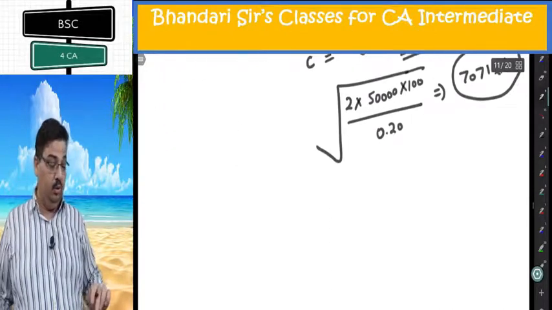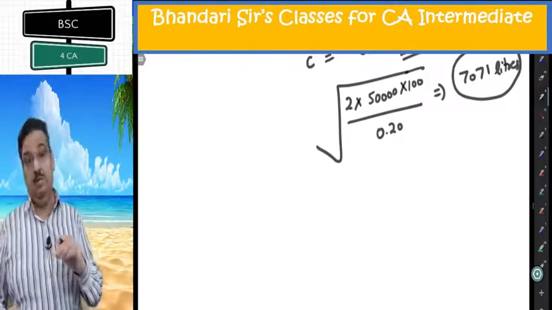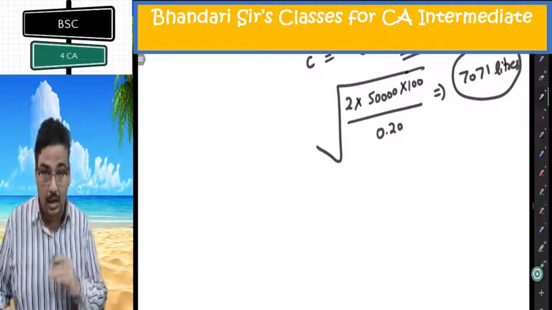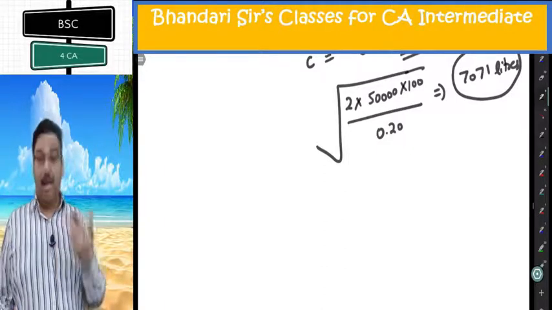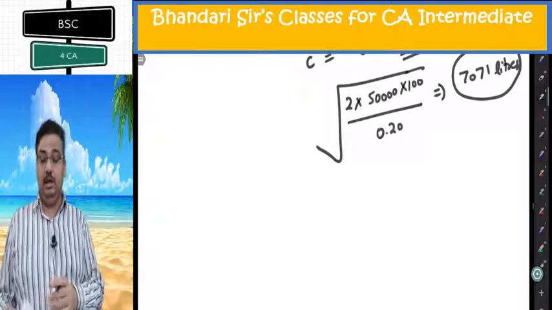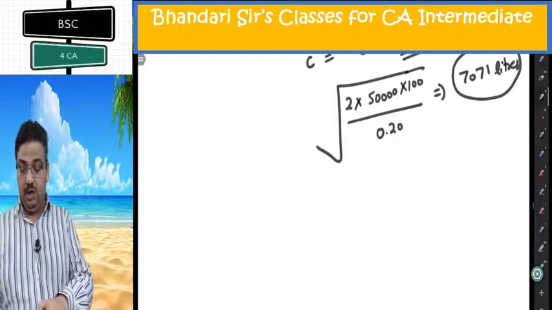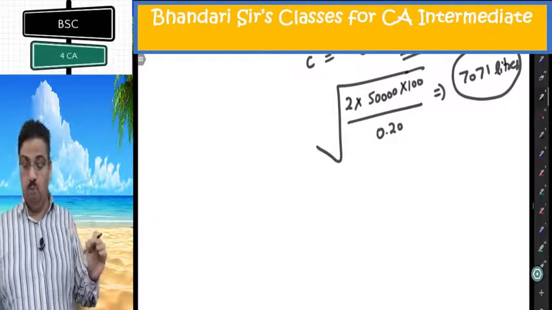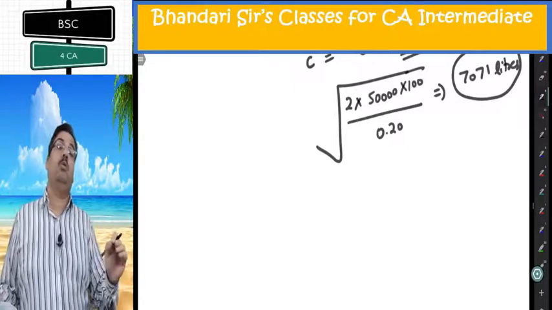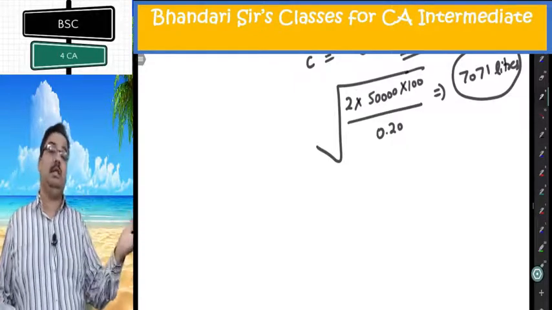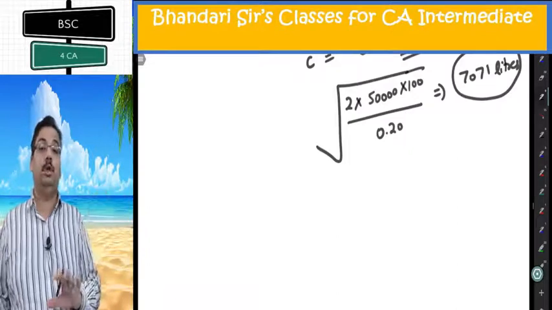Now I will do some more questions on EBQ. There are some unsolved questions on batch costing and unit costing here. I am doing 2 questions which are related to EBQ, question 3 and 4. Questions 1 and 2 we will do in the next class along with the job costing questions.